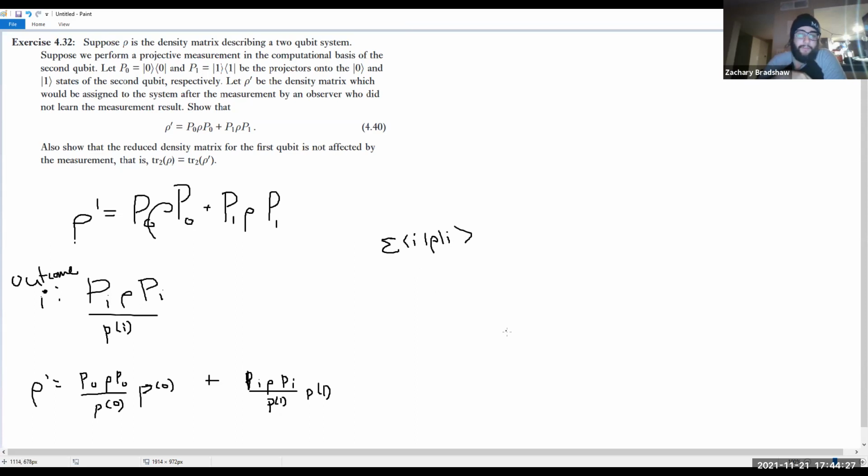Oh wait, no, it's the partial trace we want. Yeah, I always forget the definition of partial trace. So you're only tracing out the second component. So this is fine the way it's written. You just have to make it clear that you're only doing the second component. But I think I figured it out with a much easier method. I didn't have to expand it.